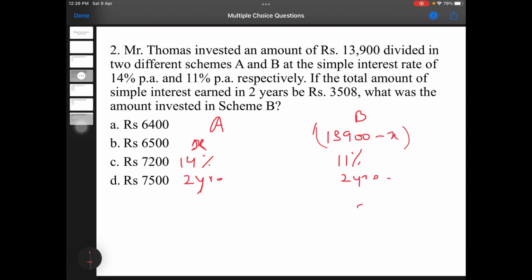So we know the formula for simple interest. Simple interest equals principal amount multiplied by rate of interest multiplied by time divided by 100.